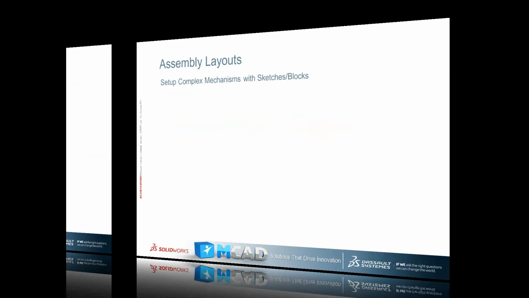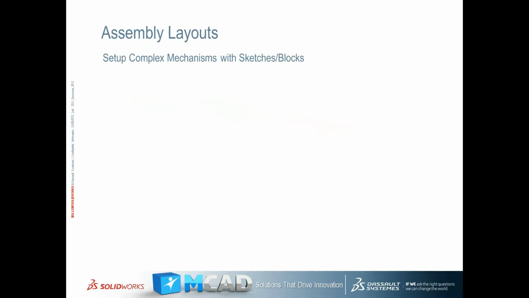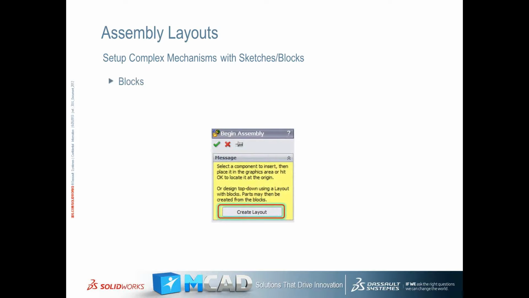All right, so the next section here, assembly layouts. Essentially this is a sketch in the assembly, and we can use the sketch to help create components. We can use it to help develop complex mechanisms, and we do it through blocks.